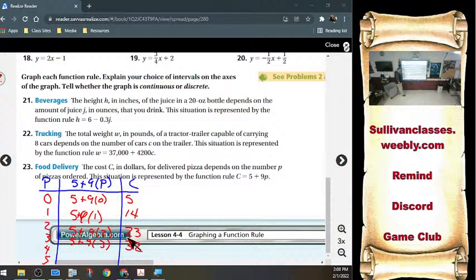And you start to see the pattern, right? You're just adding 9 every time. So, graph your function. Label how many pizzas are you ordering? I would suggest not going past 10. And then plot your points. Where this is your cost.